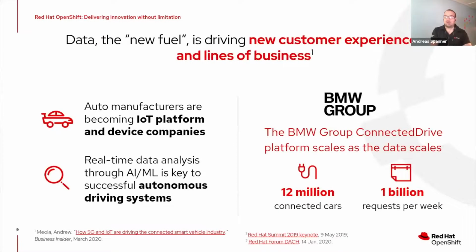For example, Dr. Alex Lank, when he was on stage at the Boston Red Hat Summit, called his cars, the BMWs, the Beamers, as we call them here in Australia, fun little IoT devices, right? So that's how he referred to them. But BMW uses OpenShift. They have 12 million connected cars and 1 billion requests per week.